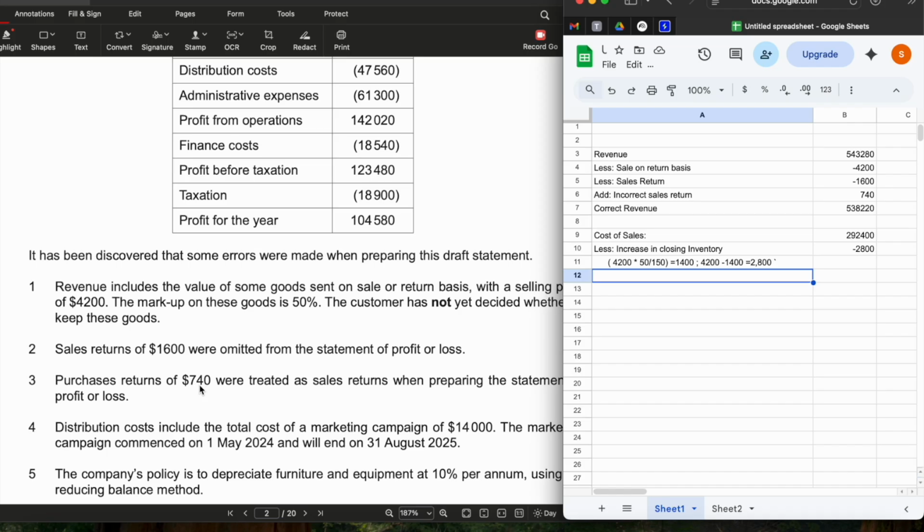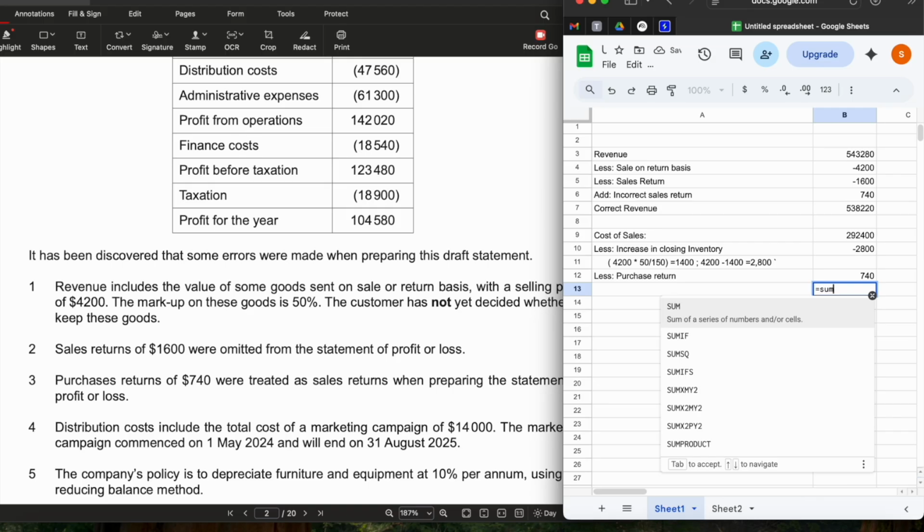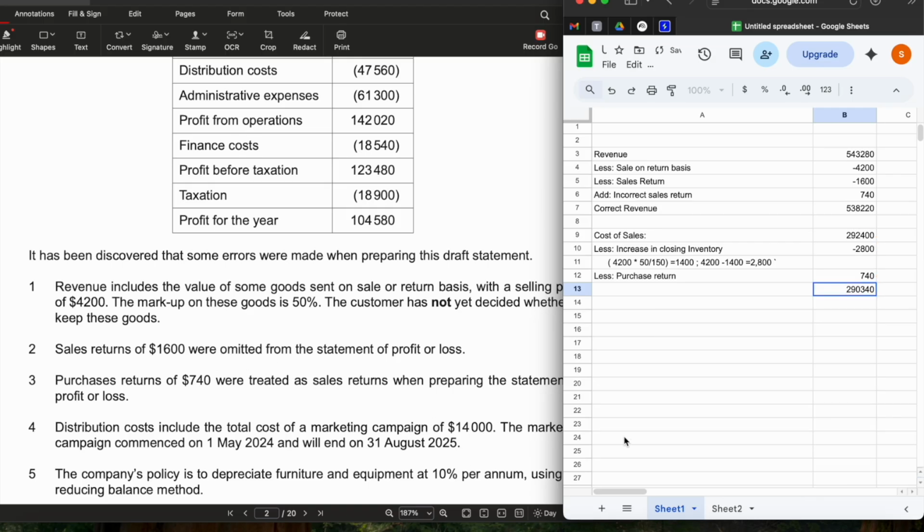So we'll subtract: less purchase return of 740. Now let's calculate the total. It needs to be subtracted. This is my total for cost of sales.